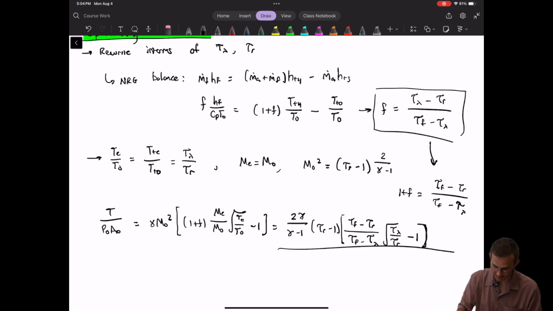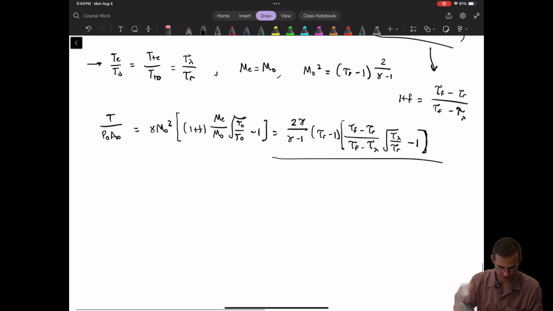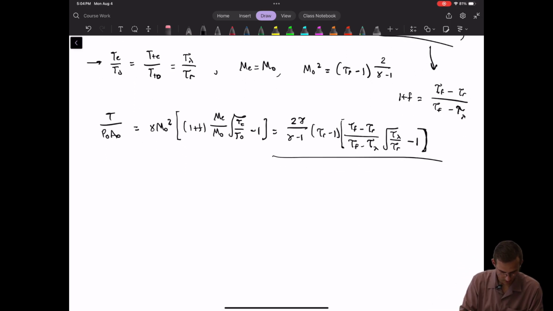Now that's our thrust in terms of those engine parameters, the taus. So let's optimize that with respect to tau r, so how fast you're going.